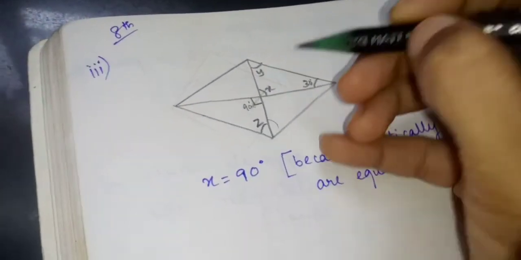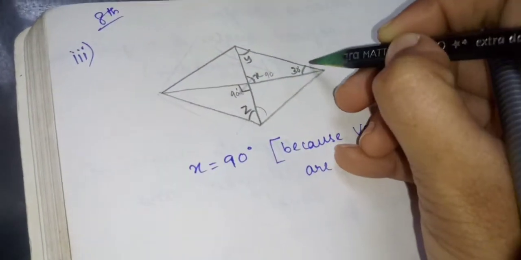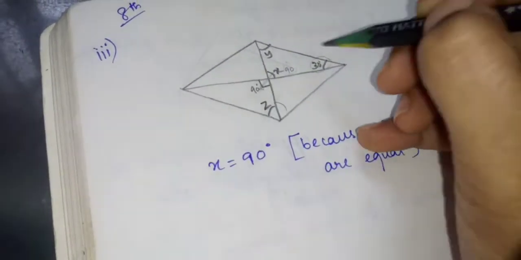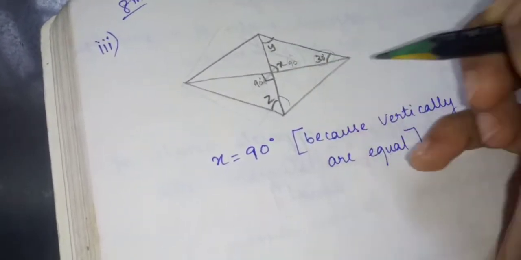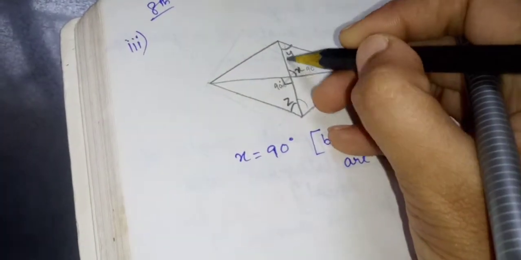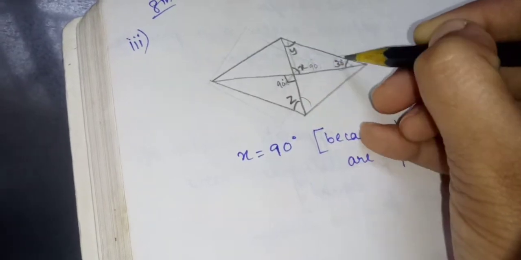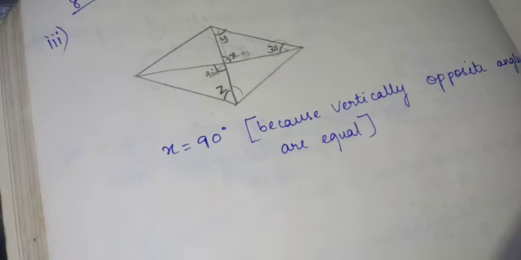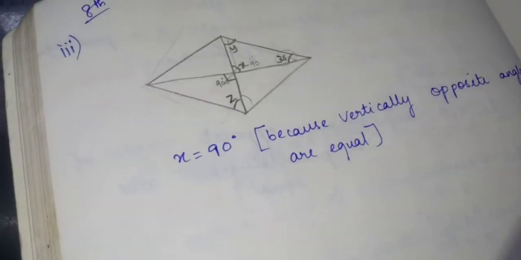Now we know the value of x, and you know the value of 30. Here it is y. The sum of all the three angles is equal to 180 degrees. Why? Because it is one triangle. If you add all the three angles of a triangle, it is 180 degrees. Angle sum property. Do you remember that?